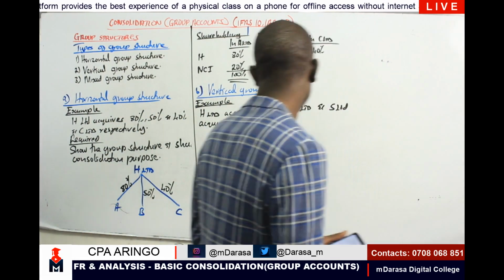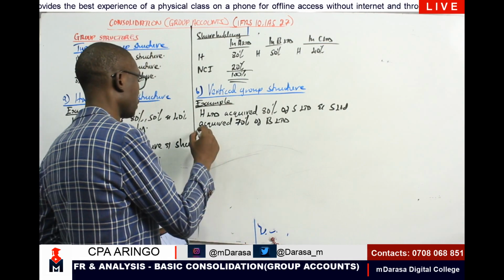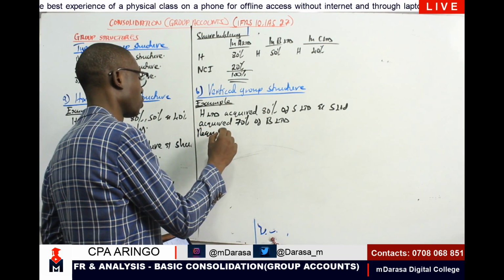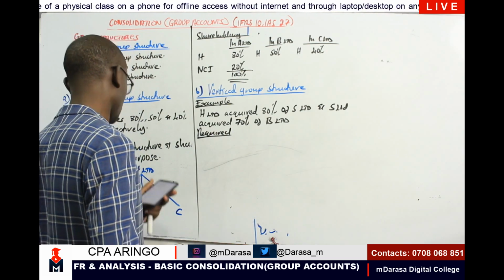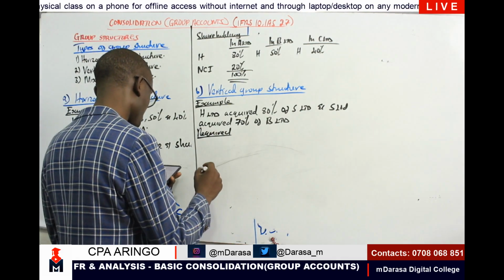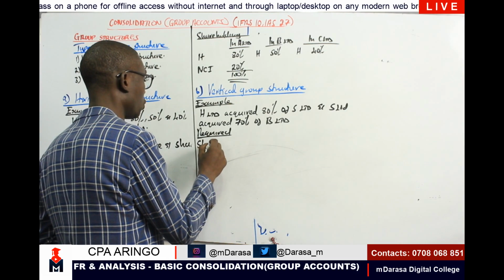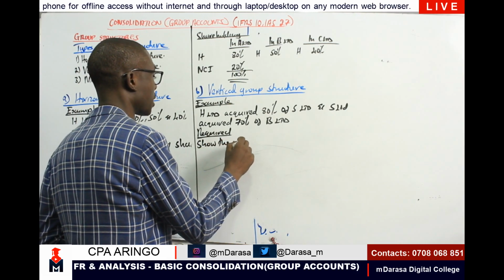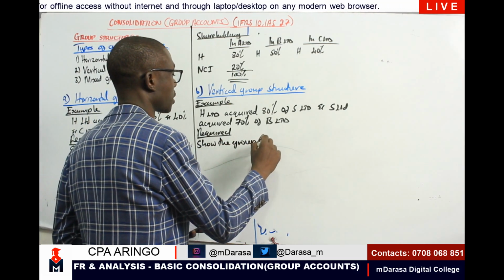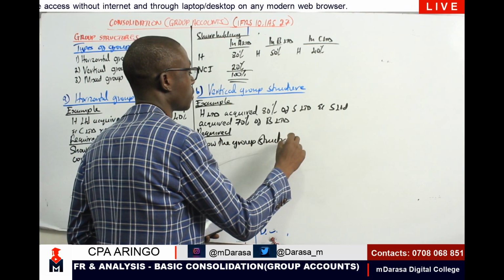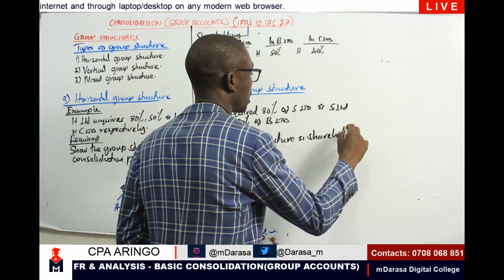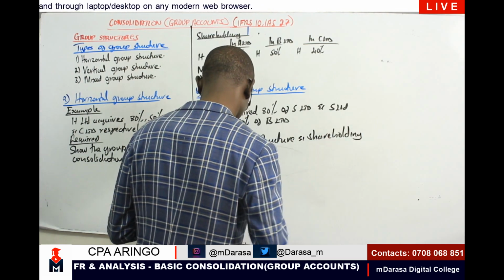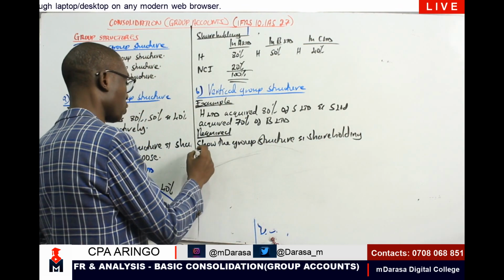Required: show the group structure and shareholding for consolidation purposes.